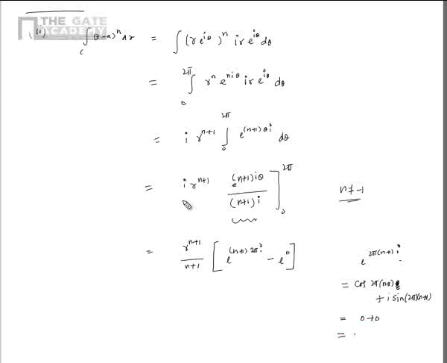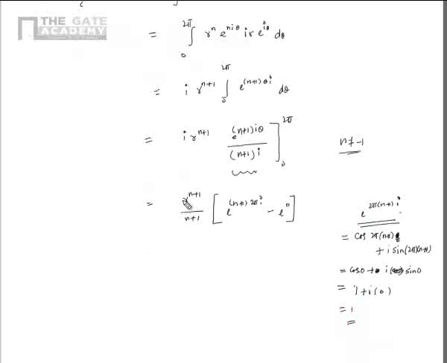So cos 0 plus I sin 0 is 1 plus I into 0, which is 1. So this can be written as r power n plus 1 by n plus 1 into 1 minus 1, which is 0. So when n is not equal to -1, this becomes 0.